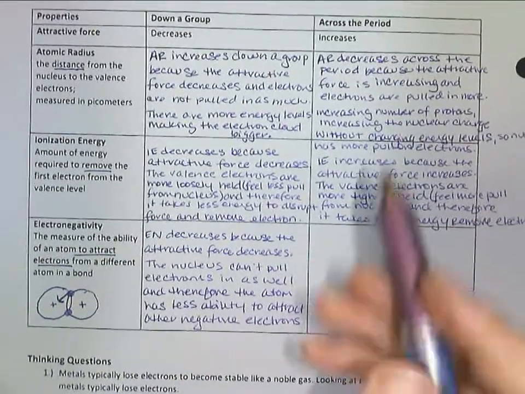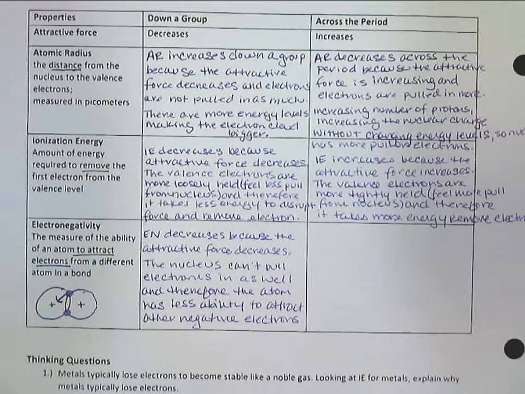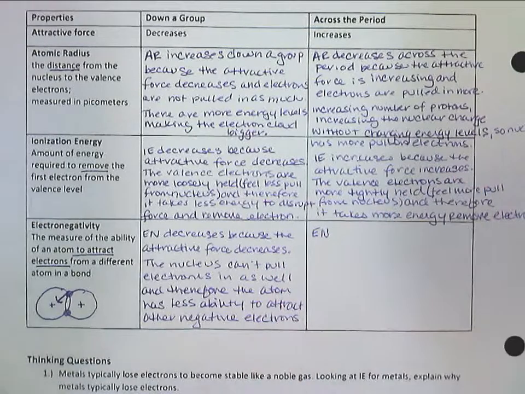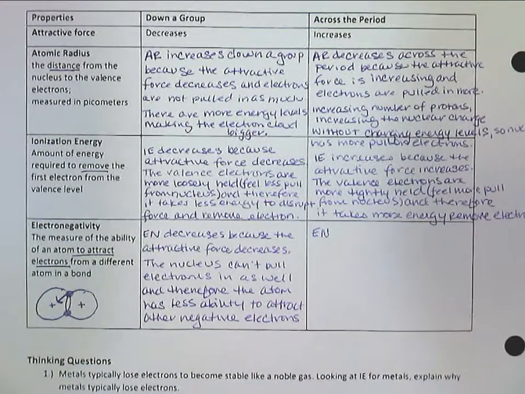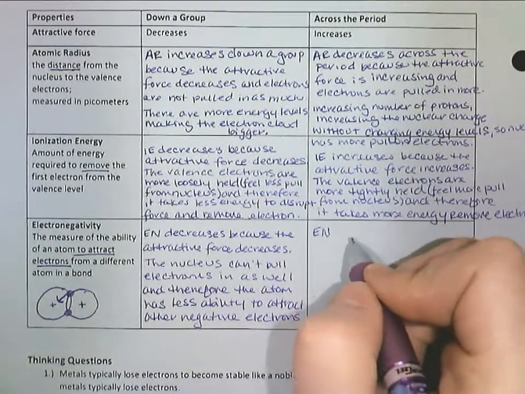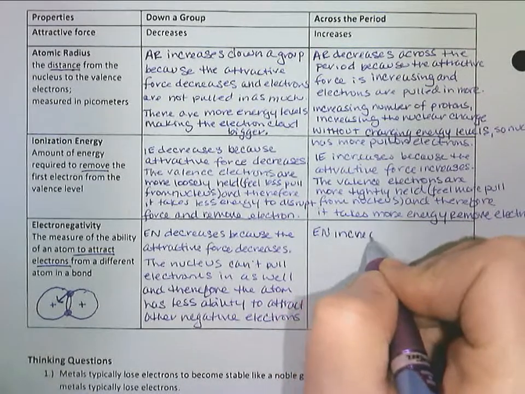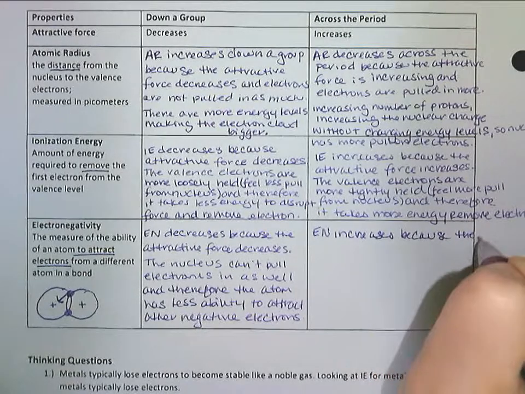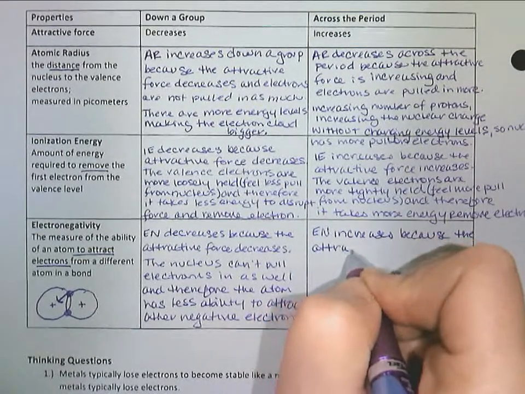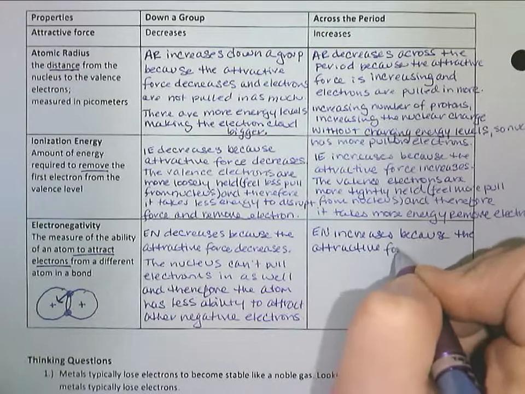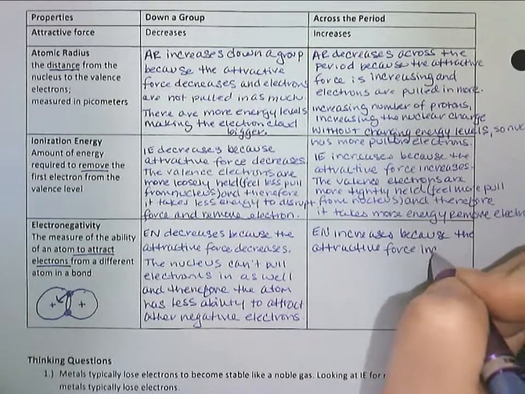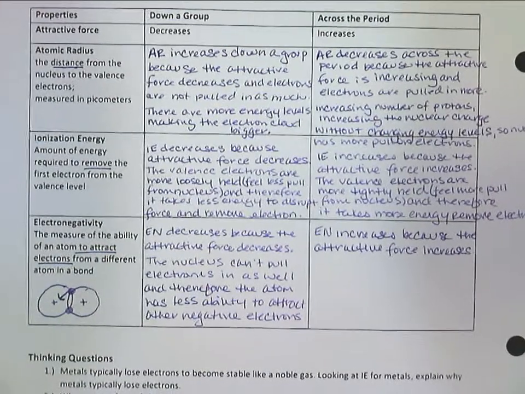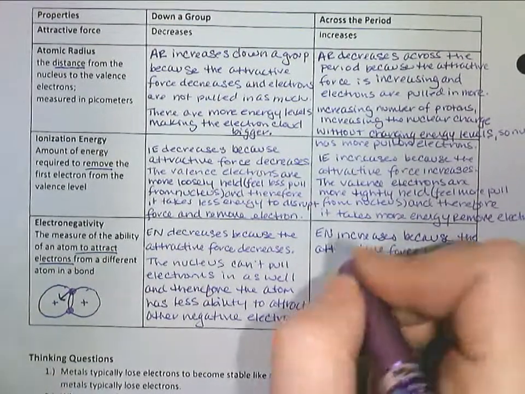As we go across the period, the attractive force increases. So the tendency of the atom to be able to attract a pair of electrons increases because the attractive force increases. As a result, the nucleus has more pull on electrons.